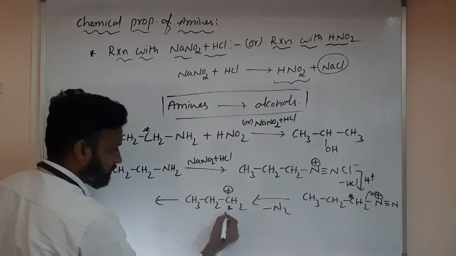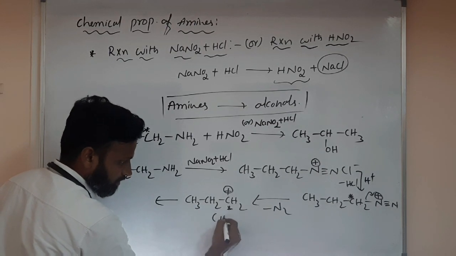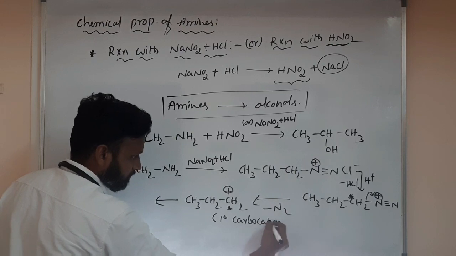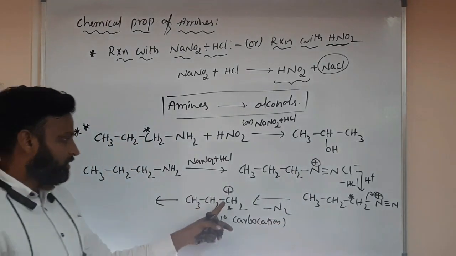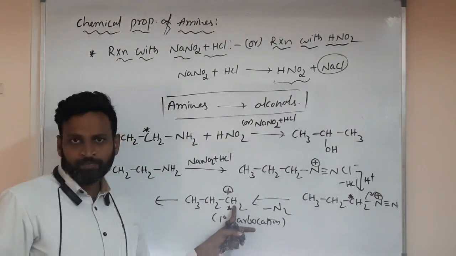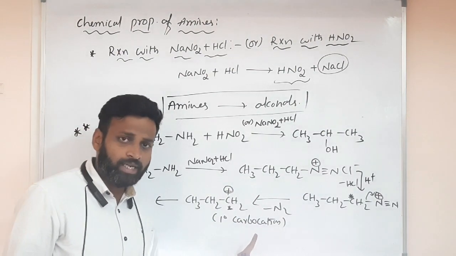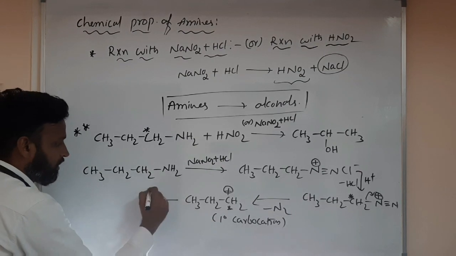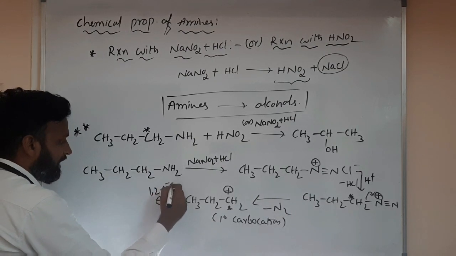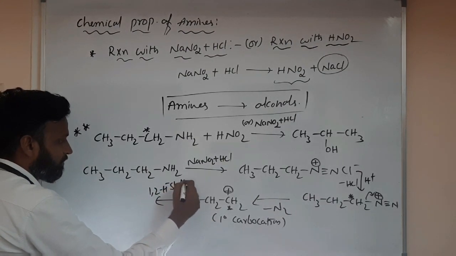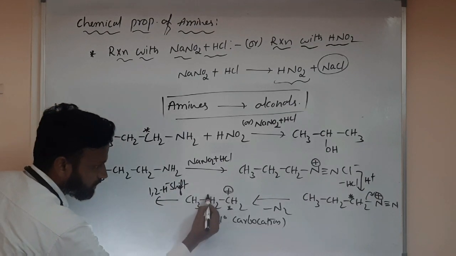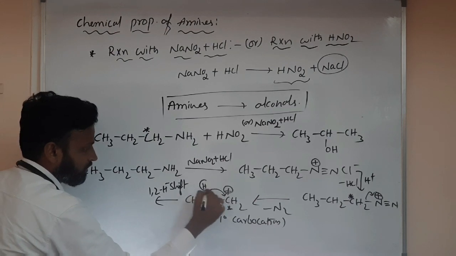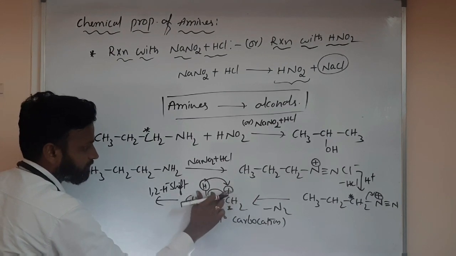Now this carbon is a primary carbocation, right? Why do you have positive charge at the first carbon? This is a primary carbocation. How does this turn to a secondary carbocation? By 1,2 hydride shift. Do you remember this? Hydrogen will shift from here to here. This CH2, so this hydrogen will shift there.